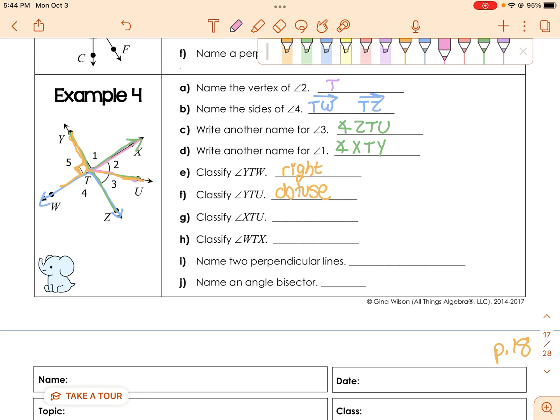I'll get some different colors. Angle XTU is over here. It's smaller than 90. It's acute. And angle WTX is this whole straight line. So that means this whole thing is straight.